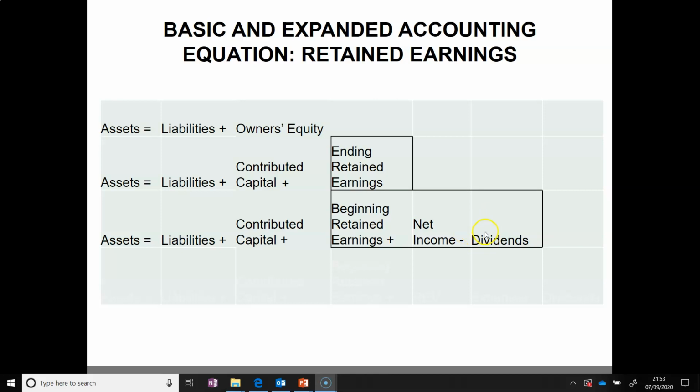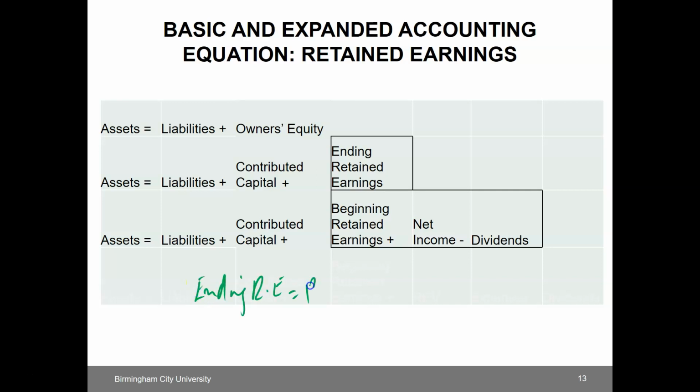In that case, the dividend paid is more than the net income, which means that the company will be utilizing past retained earnings to make up the difference between the net income and the dividends. Otherwise, if the dividends are less than net income, there will be a net addition in retained earnings. If the net income is less than dividends, in that case retained earnings will drop. So, ending retained earnings are equal to beginning retained earnings plus net income minus dividends.